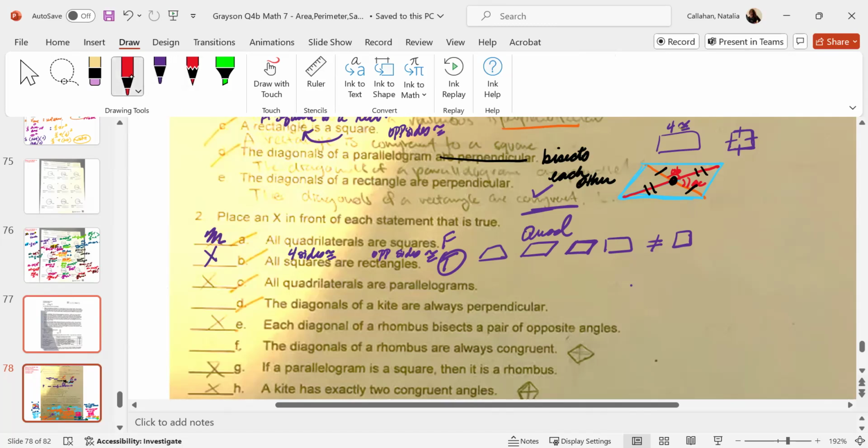No. In order to be a parallelogram, you need to have opposite sides congruent and they have to be parallel. Correct? A trapezoid is a quadrilateral, but a trapezoid is not a parallelogram. Do you see that? So no, that's false.